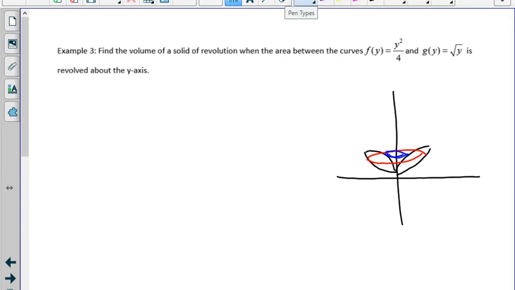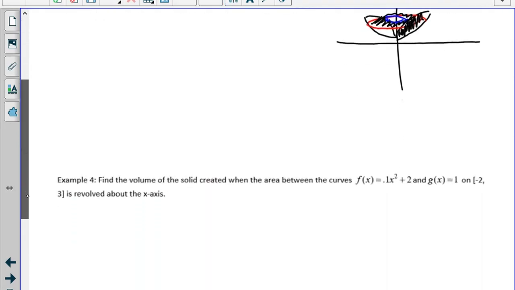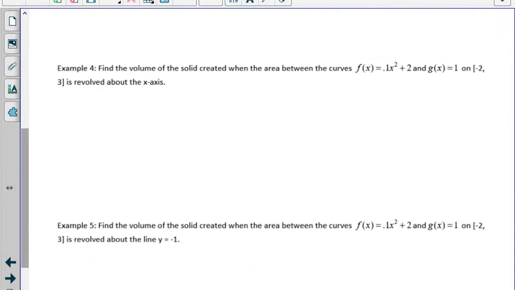But you can see how this would be a washer because there's a wider part that gets kept, and then that part on the inside gets drilled out. And so you have only this part all the way around getting kept. And I know, again, it's hard to see. But if you're really struggling with it, that's why we have the flipped classroom. You can ask your teacher and they can really spend some time with you on it.